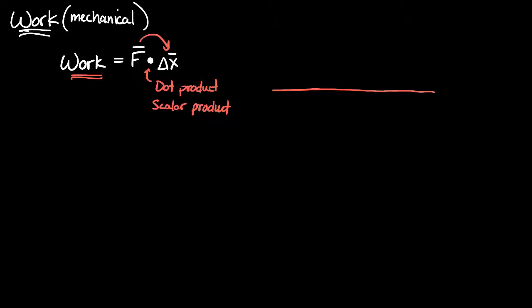So as an example, consider a wagon. If I'm applying 150 newtons of force to it along its handle at maybe an angle of 30 degrees, it should be clear that the wagon is likely to roll along the ground.